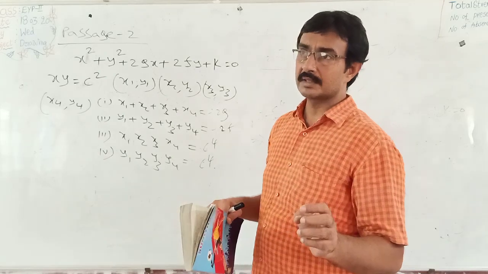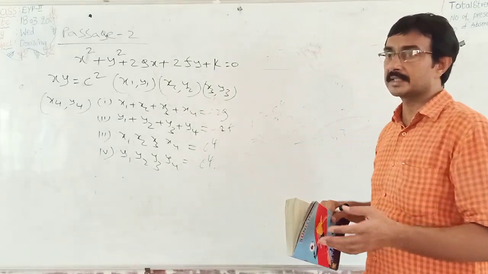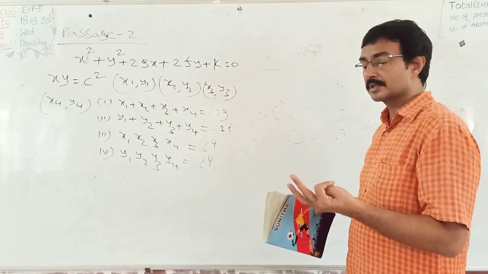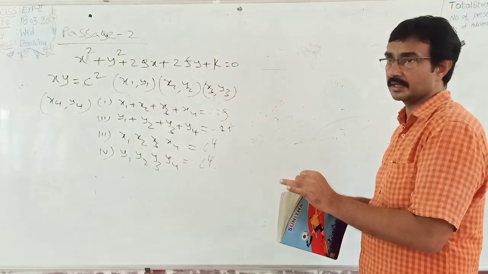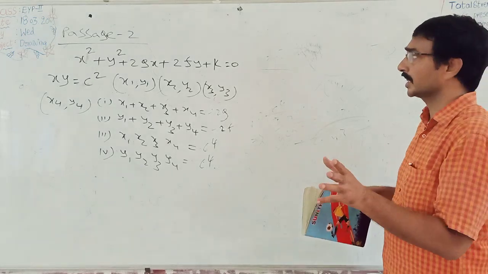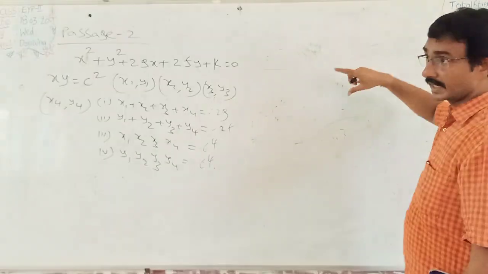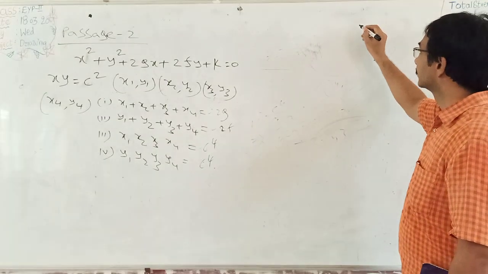Central conics means conics that have a center, for example circle, ellipse, hyperbola. These three have centers. A parabola is not a central conic, because it does not have a center.